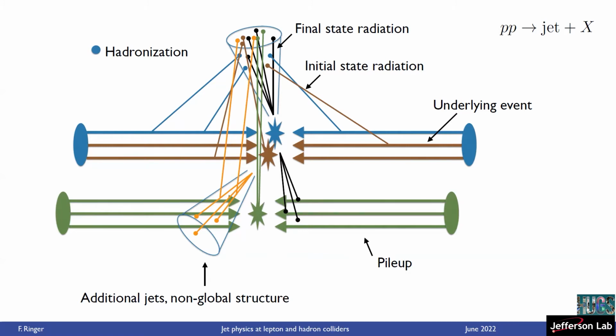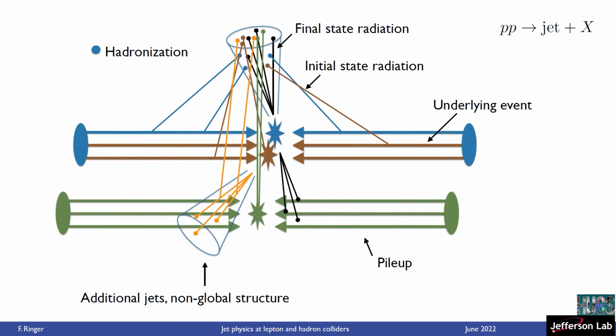Something like pileup, we try to correct for the underlying event. We don't really understand it from first principles. Initial state radiation, we don't control well because it's a subleading power effect. And the non-global structures we can to some extent deal with. But it generally makes it much more complicated than this initial picture where we have a quark or a gluon that just produces a jet.